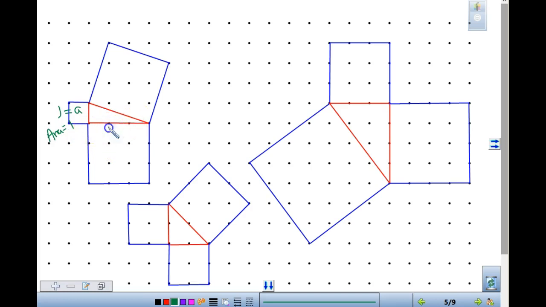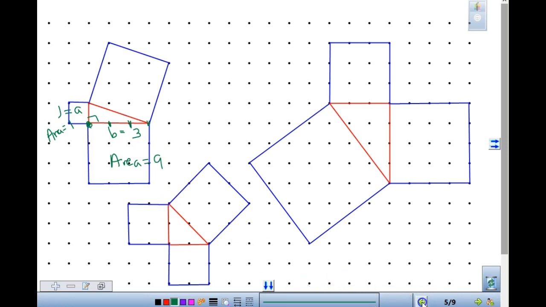This is my B, because this is my right angle. B has a side length of 3. People like to count the dots, but it is actually going 1, 2, 3. Because if I look at the area, this 3 by 3 has an area of 9, right? So B, the side length is 3. The area was 3 squared, or 9.